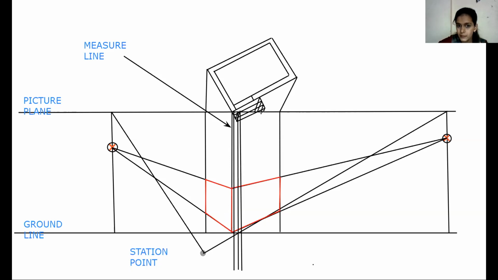So here we have done. And again, I'm going to drag a vertical projection from that, and I'm keeping the vertical lines below some depth from the ground line.